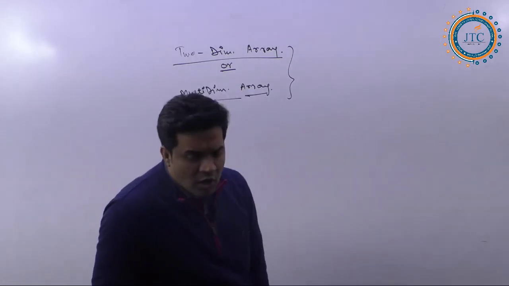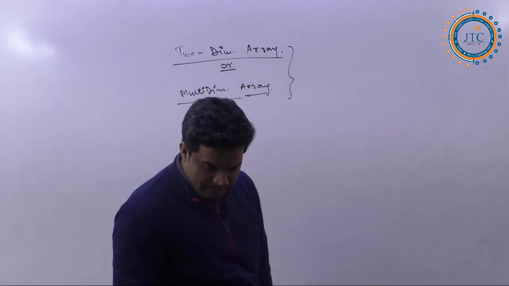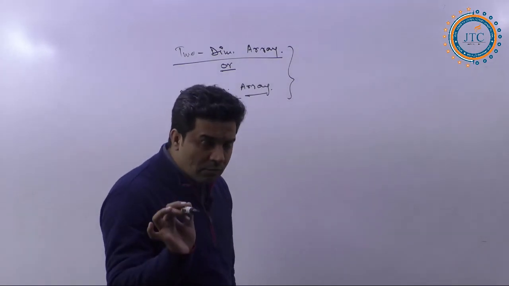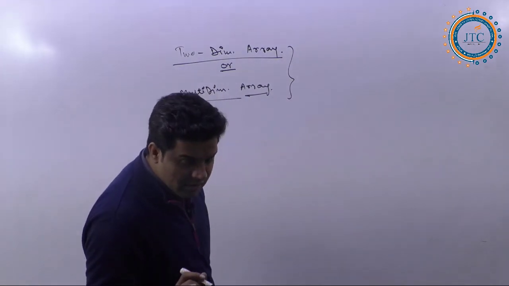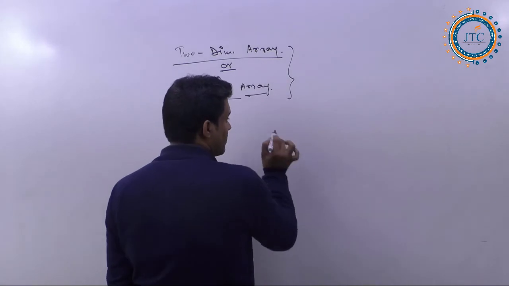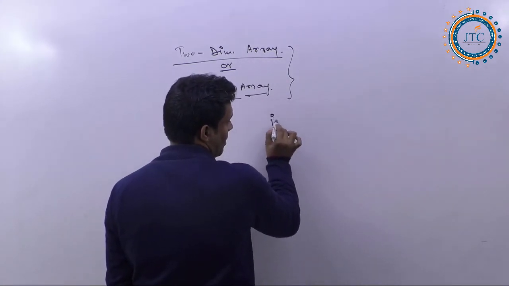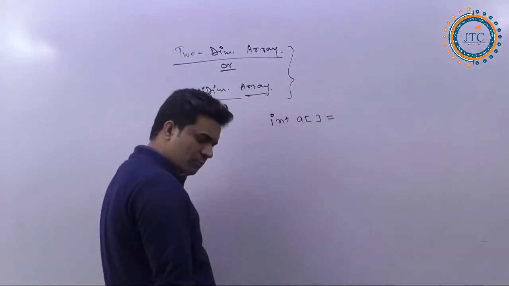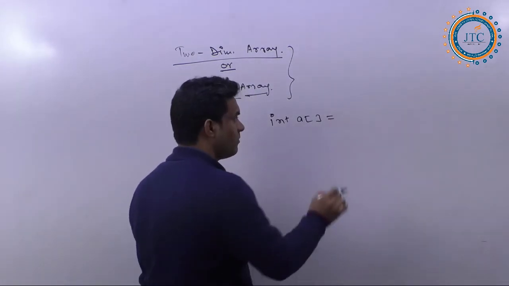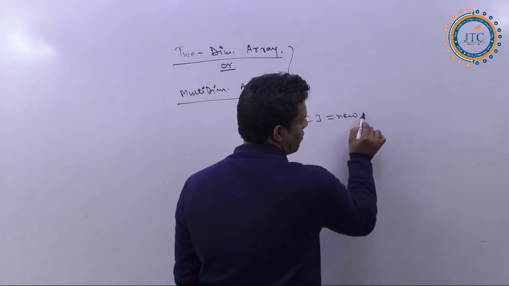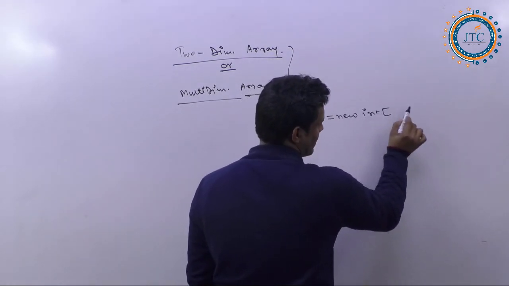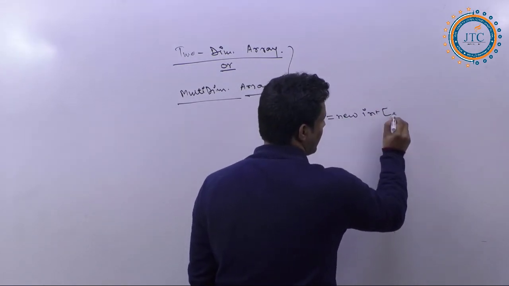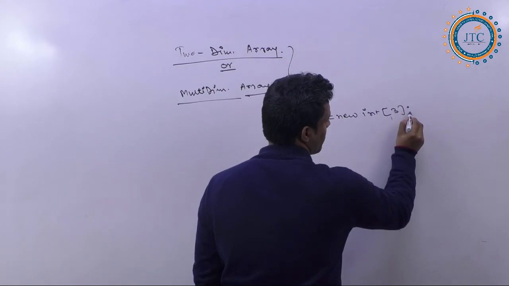Let's say, what is a single dimension array? What is a single dimension array? See here. Now pay attention. What is a single dimension array? Just concentrate on this. The array of array. So let's say I am writing int a[] is equal to new int, and inside this I am writing, suppose, 3.